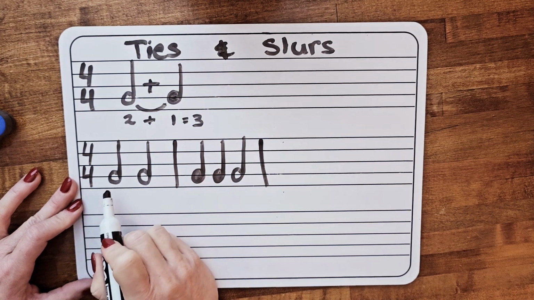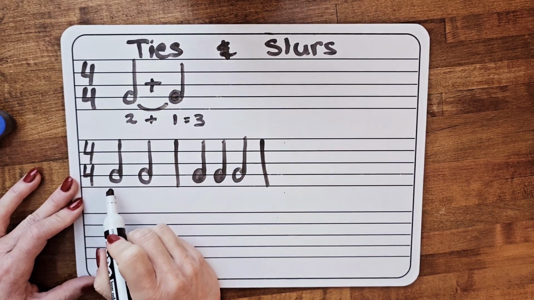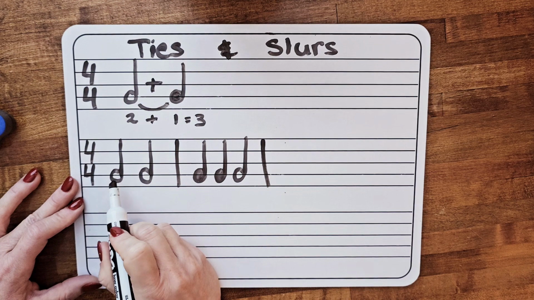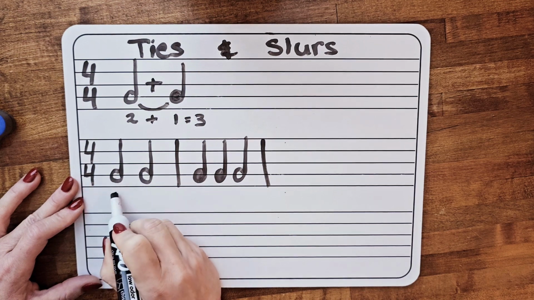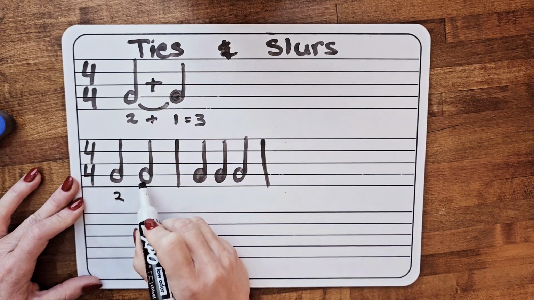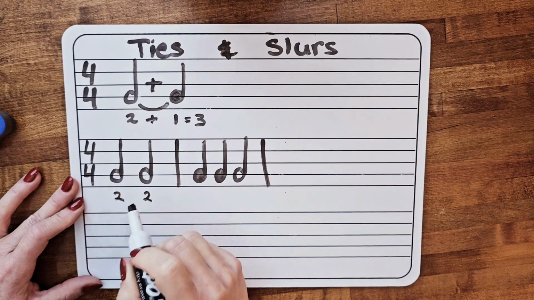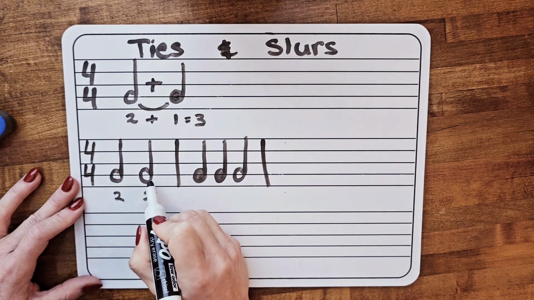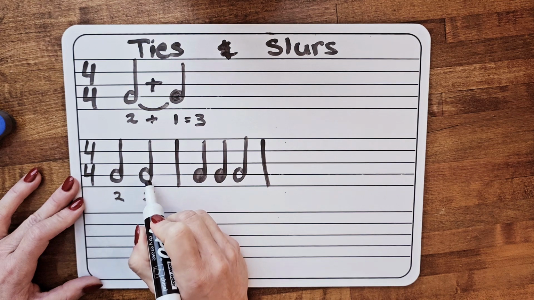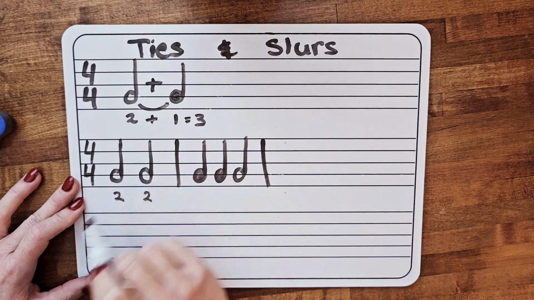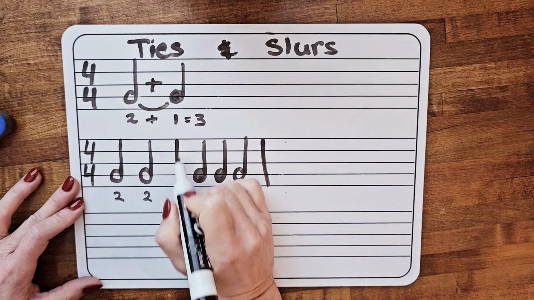Okay, so let's say you're playing this piece of music and you have a half note here, 2, and a half note here, 2, but you don't want that to be a half note. You actually want to turn this half note into 3 counts, but you have this bar line right here.